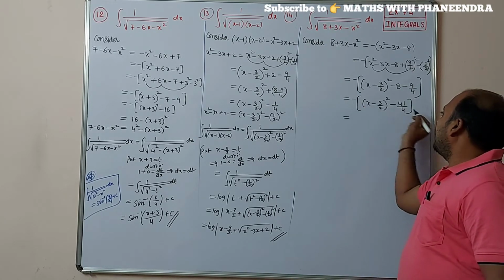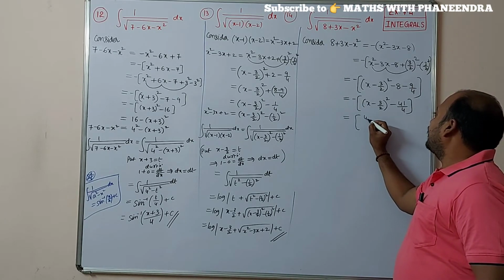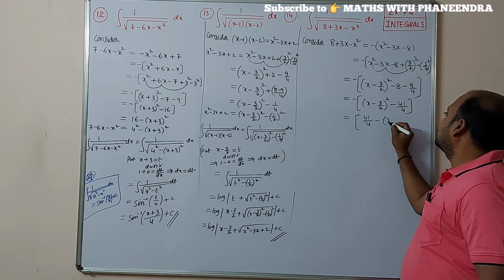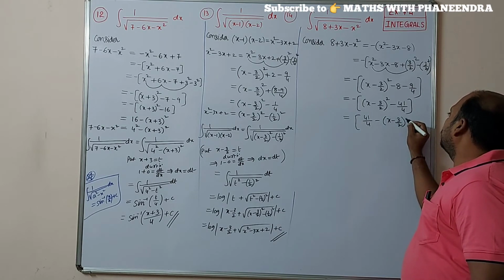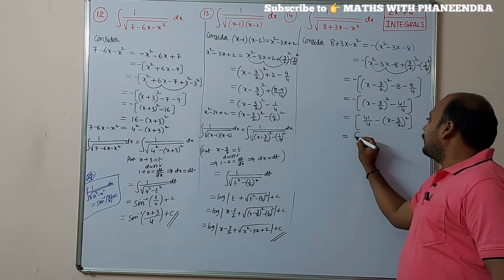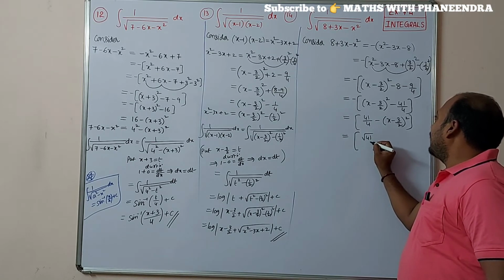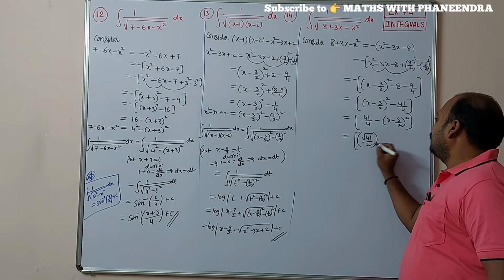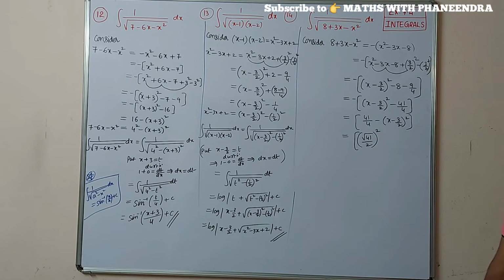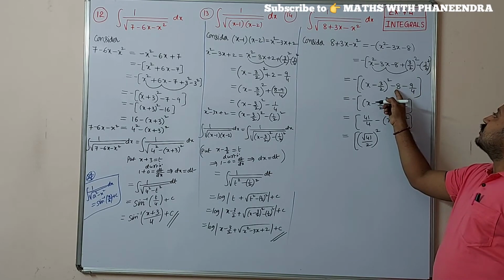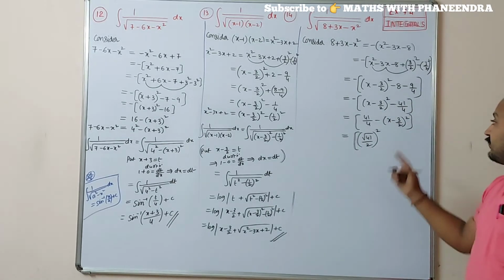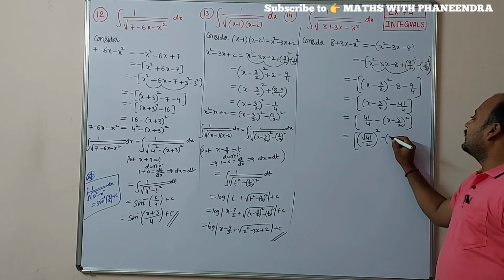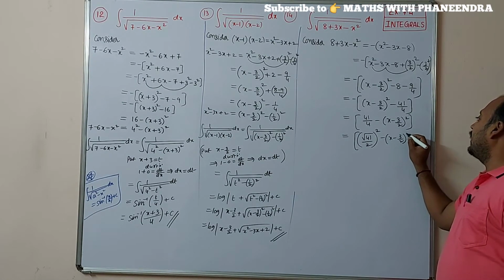If you multiply by minus, these two will be interchanged. 41 by 4 minus x minus 3 by 2 whole square. In the next step, root 41 divided by 2 whole square.